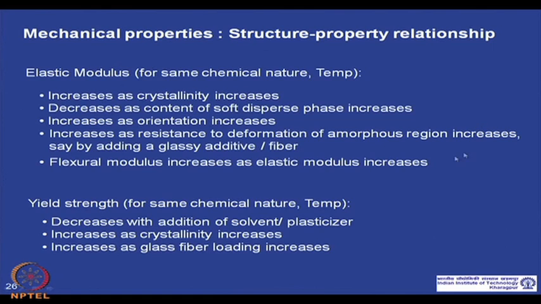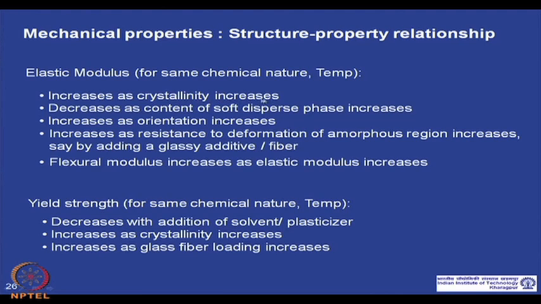Now, we know different tests, impact test, tensile test. Now, we need to find out what the relations are between the polymer structure and the properties. As I said, temperature is a very important thing. So, we can compare for the same polymer, same chemical nature, at the same temperature: elastic modulus will increase with crystallinity.